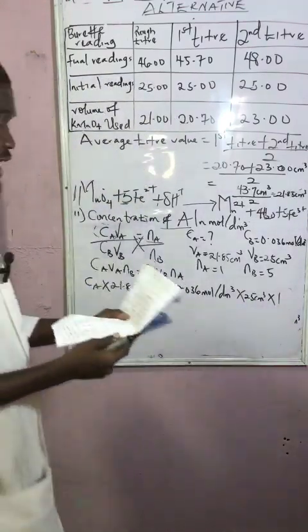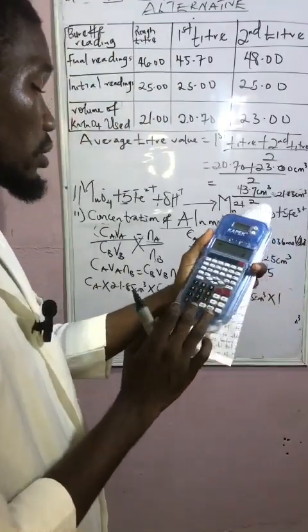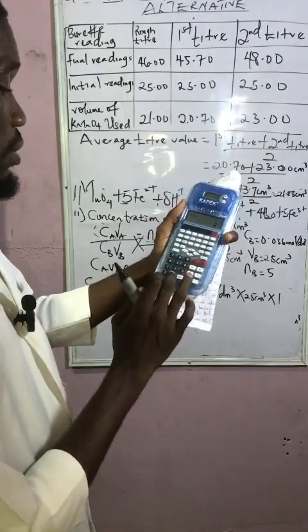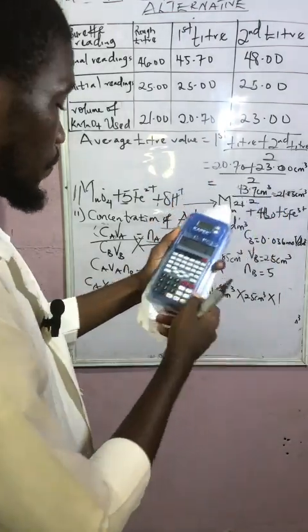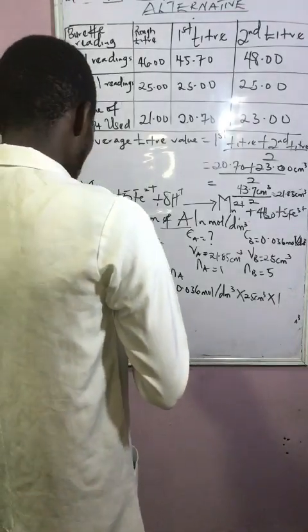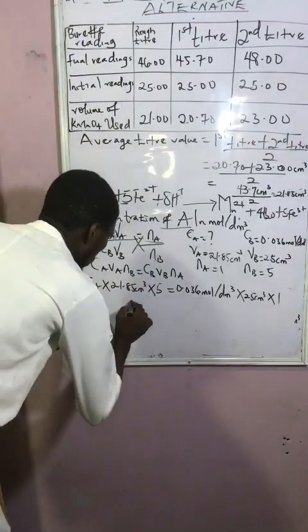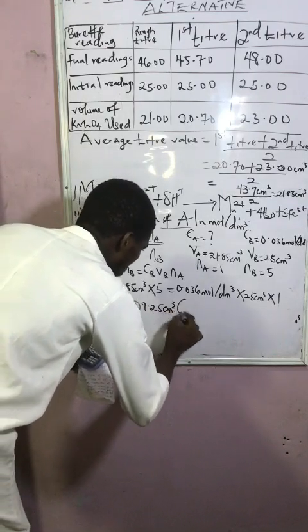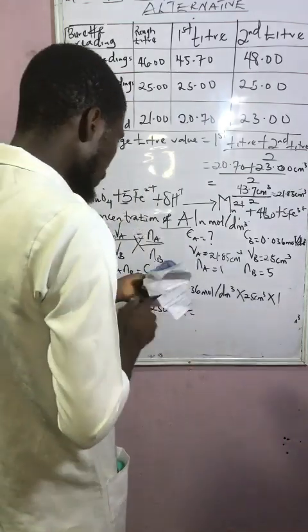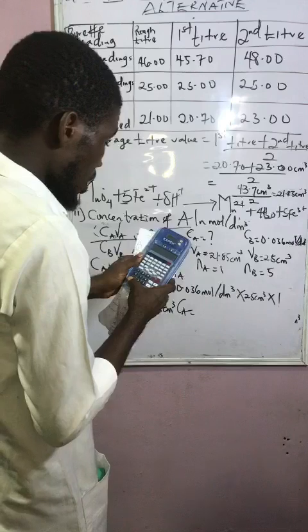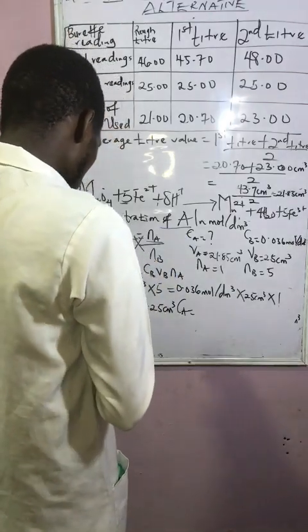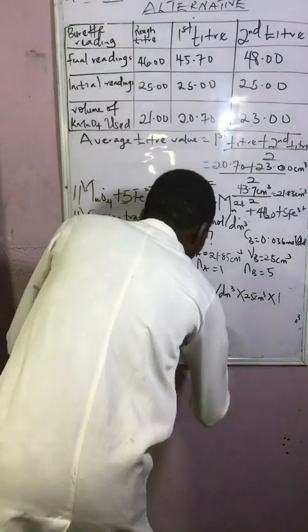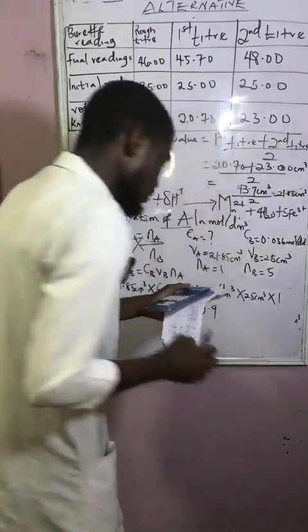So I have 21.85 multiplied by 5. That will give us 109.25 cm cube Ca equals 0.036 times 25 times 1. We have 0.9. Is that clear now?